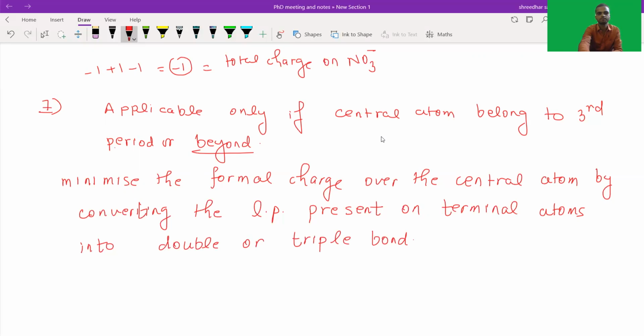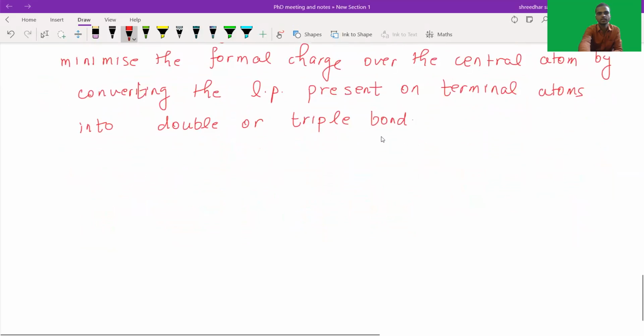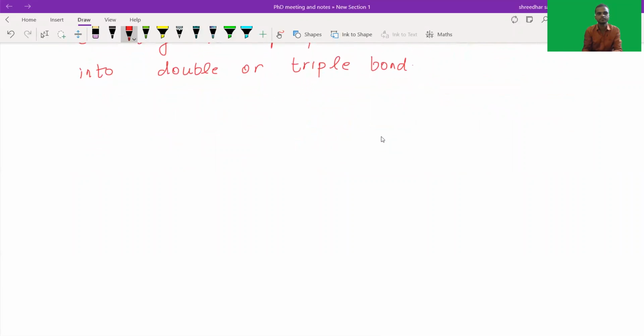For example, let us see in case of sulfate. Sulfate belongs to the third period. So this step will be applicable over here. Minus 1, minus 1, minus 1, minus 1, and plus 2.